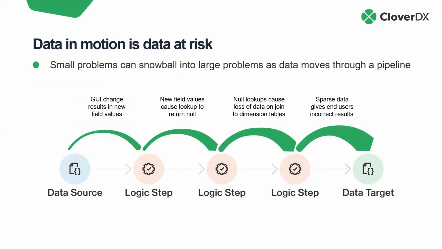Further, it can snowball, right? So something that's small early in the data pipeline can actually grow into quite a large problem. Maybe think of a situation earlier where a GUI changes and I have new items in a pull-down menu. But when I go to use that field as a lookup, there's nothing returned, so that's null.